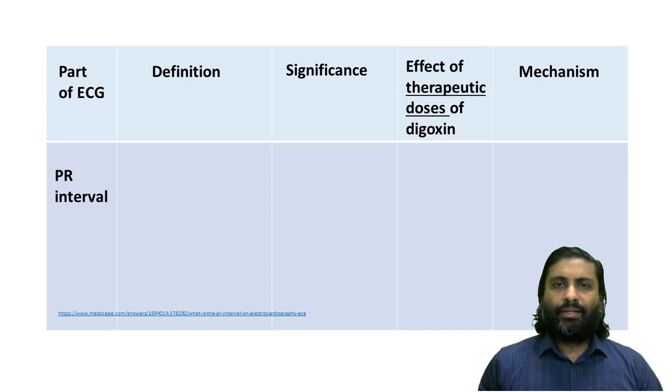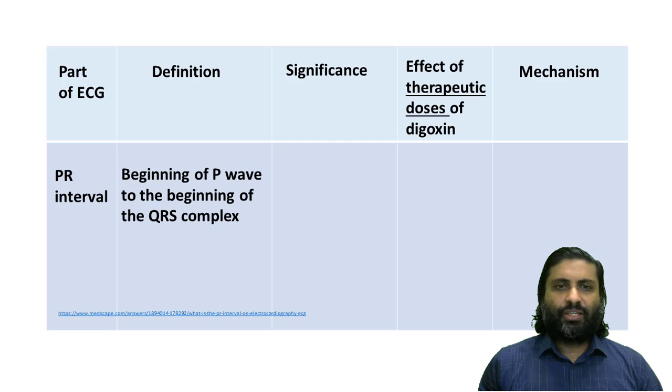Now, in addition to these two effects, there is yet another effect that occurs even at normal therapeutic doses of digoxin, but by convention it is not included under the term digitalis effect, and this is a prolonged PR interval. The PR interval may be defined as the part of the ECG that corresponds from the beginning of the P wave to the beginning of the QRS complex.